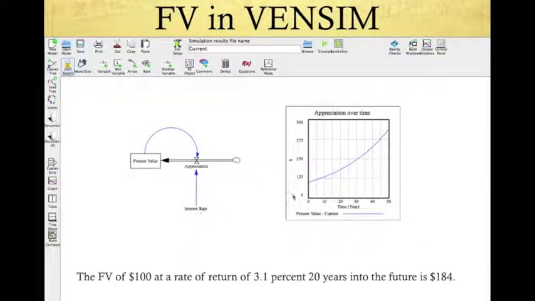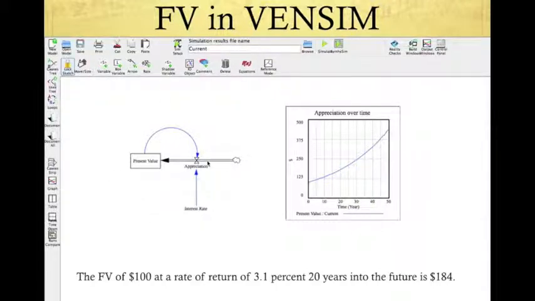The way to read this result is: the future value of $100 at a rate of return of 3.1%, 20 years into the future, is $184. That's essentially the concept, and how these can be implemented in Vensim.